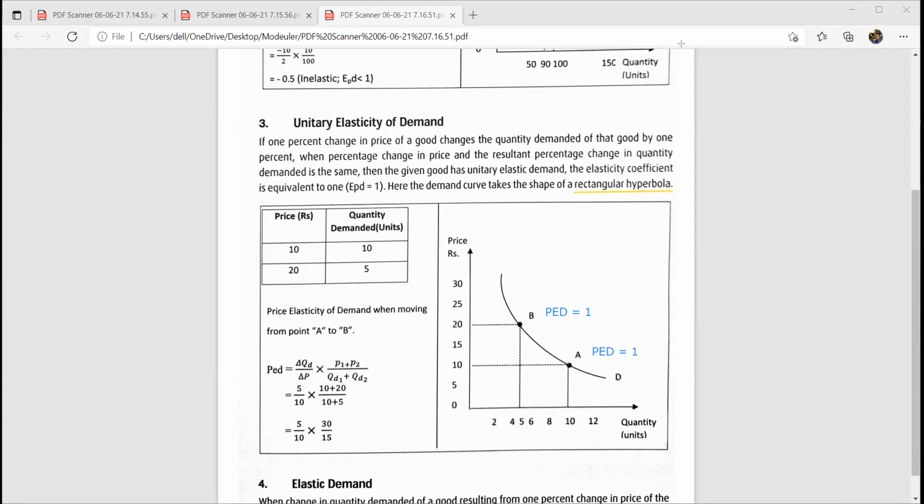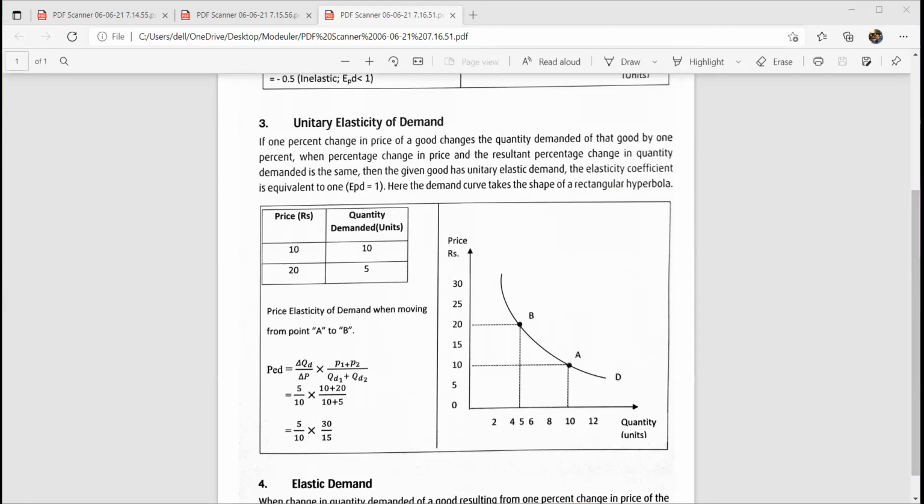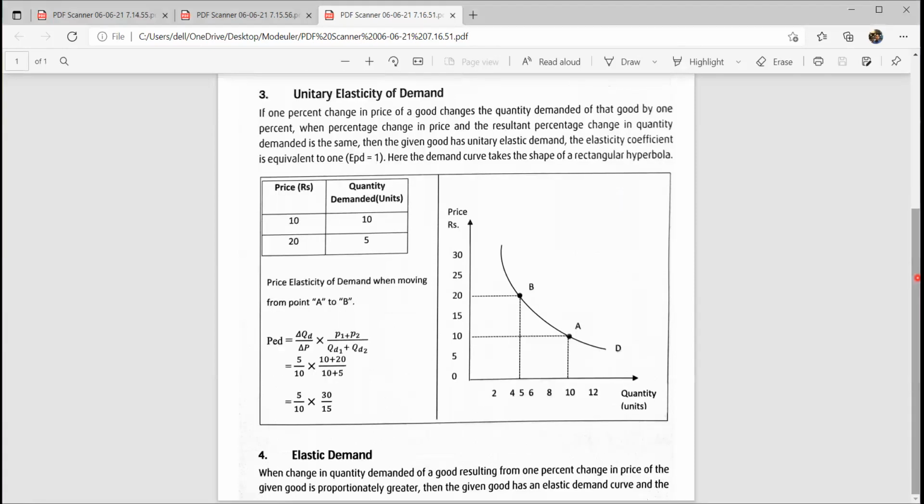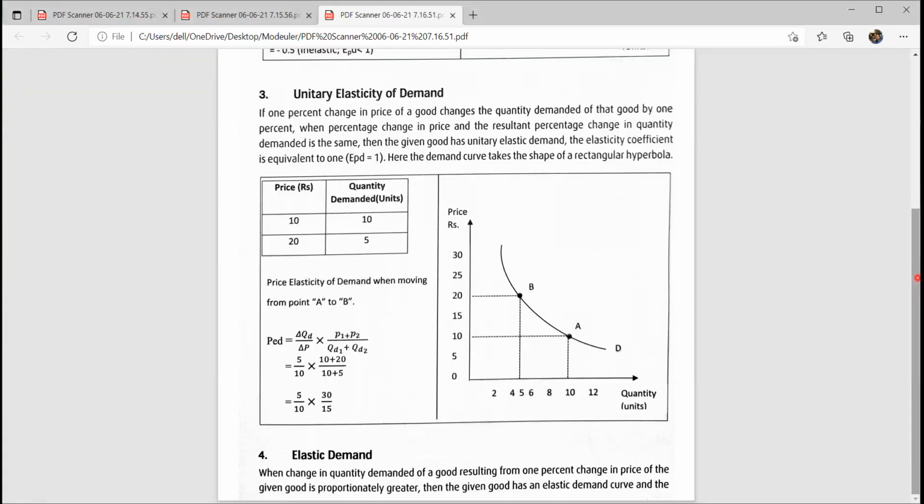Next one, elastic. In the elastic diagram, elastic means the responsiveness of the percentage change in quantity demand is greater than the percentage change in price. Very first of all, we look at no response due to the change in price. Second one, lower response due to the change in price.